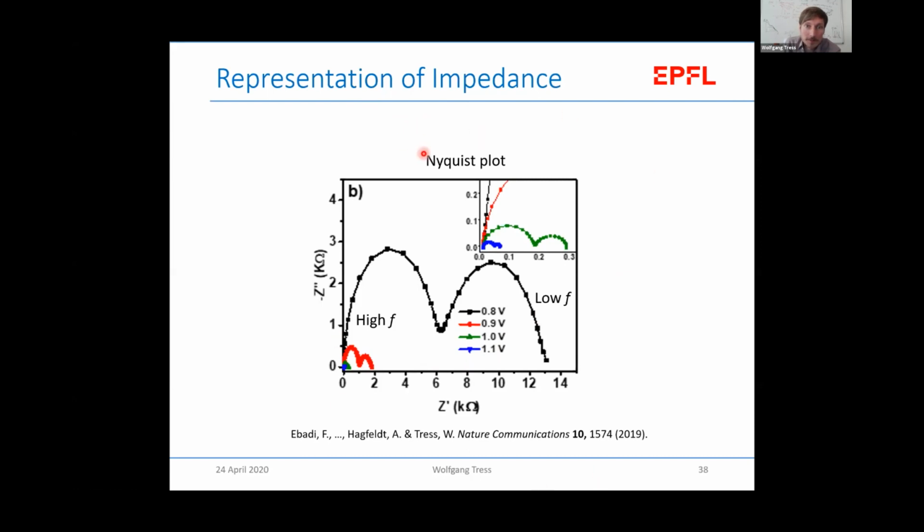What I'm showing here is this Nyquist plot again, and in principle we do impedance spectroscopy, so we set a certain voltage in the device. We can do this in the dark or under light, and then apply a small signal perturbation, a sinusoidally varying voltage signal, and then measure the current, and from this we calculate the complex impedance.